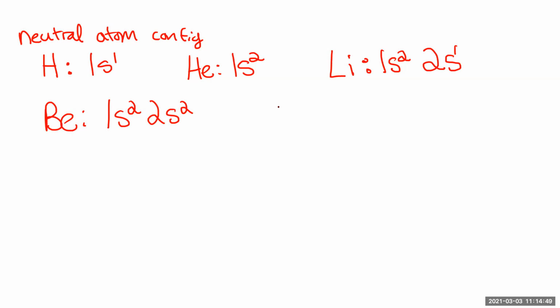Now, let's jump up a little bit here. Let's jump over to fluorine. Fluorine has 1s2, 2s2. Now, how many electrons does fluorine have? Fluorine has in its neutral atom 9 electrons. We've used 4 electrons so far.